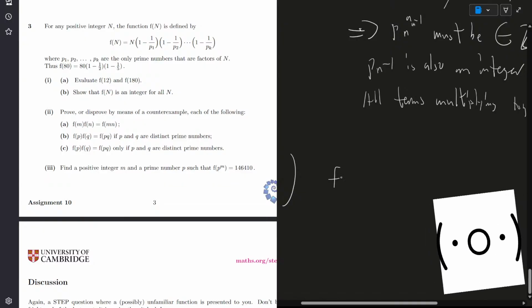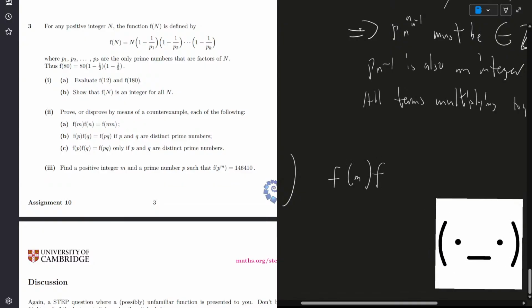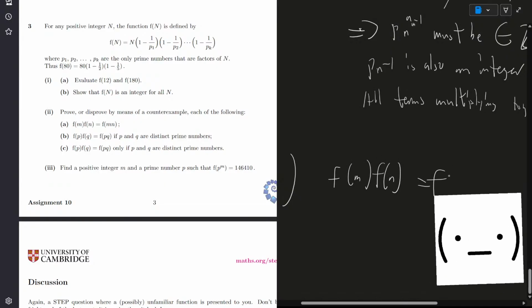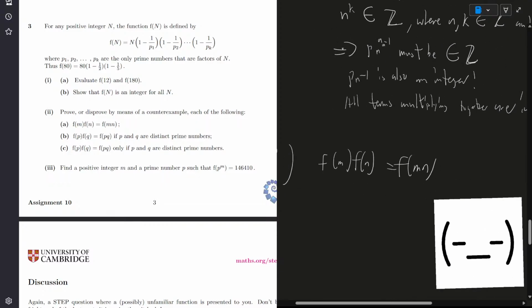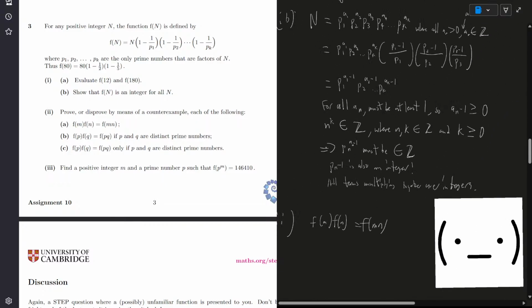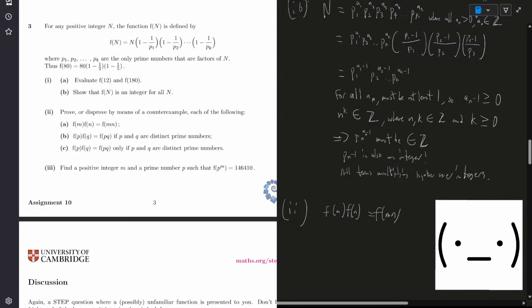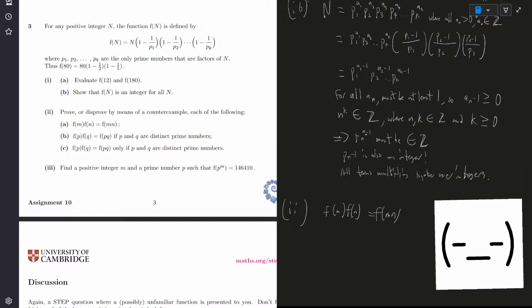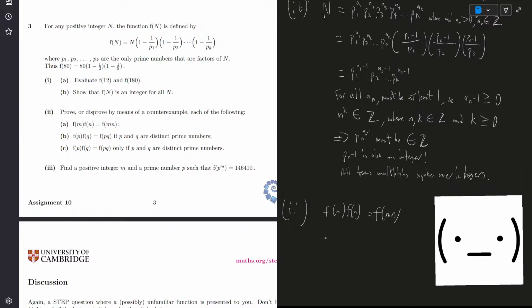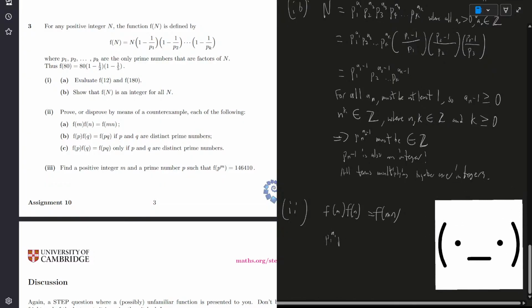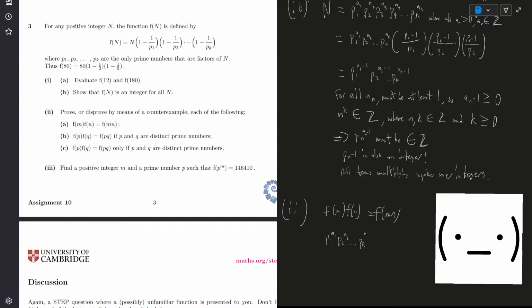So f of m times f of n equals f of m and n, which is equal to this, all the way this.